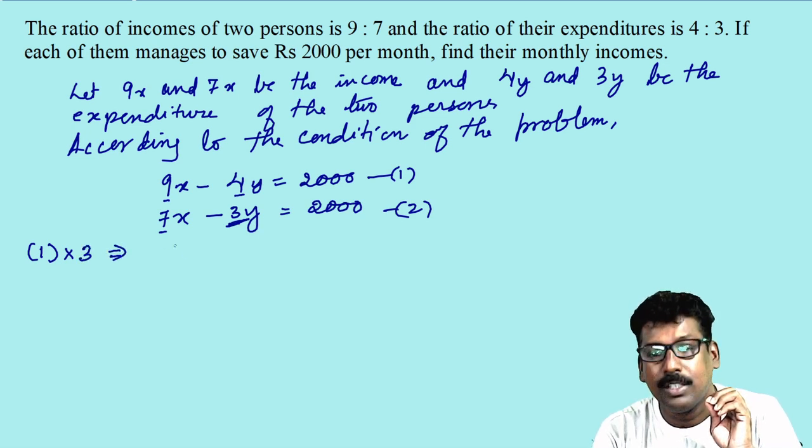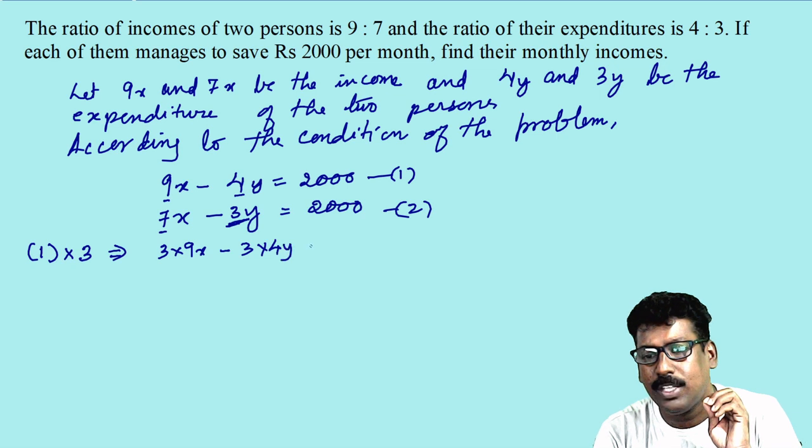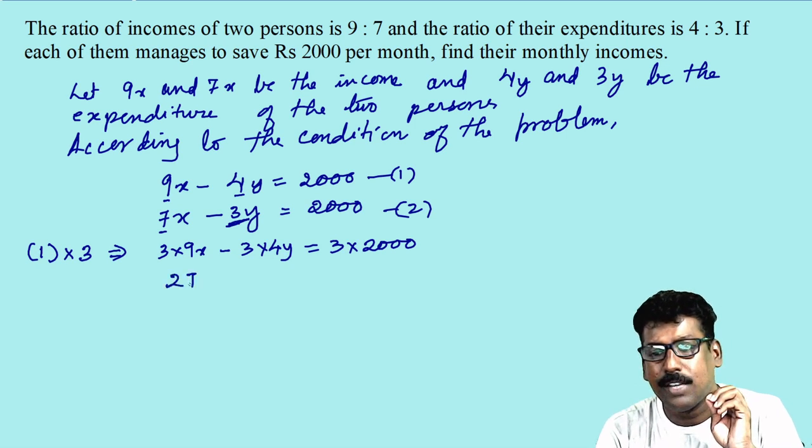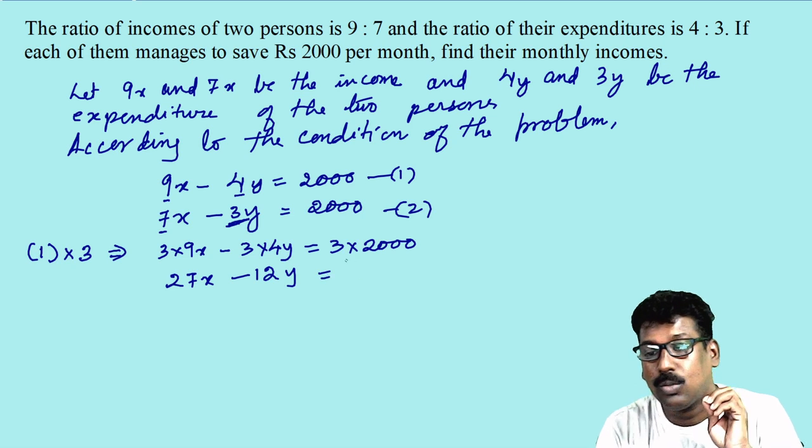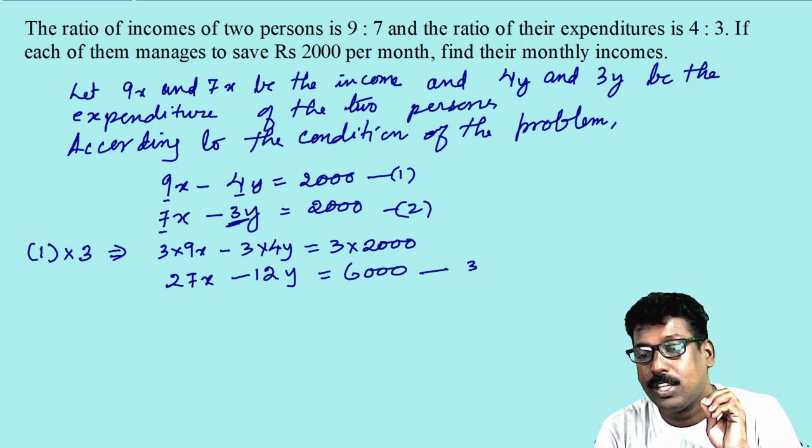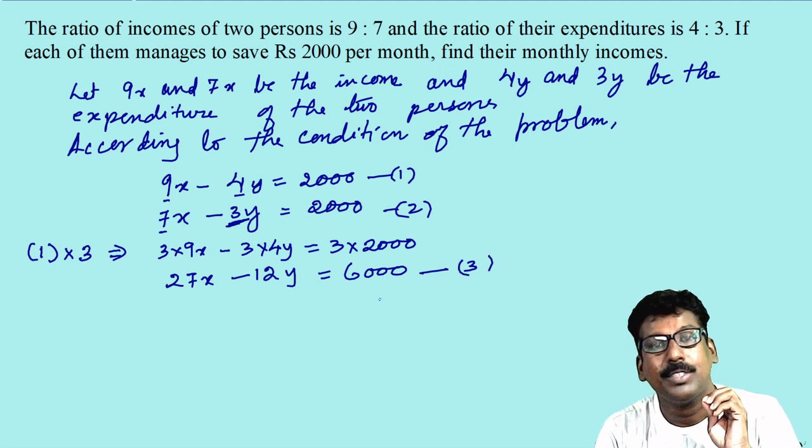What will you get? 3 into 9x minus 3 into 4y is equal to 3 into 2000. That is 27x minus 12y is equal to 6000. This you can take as equation 3.